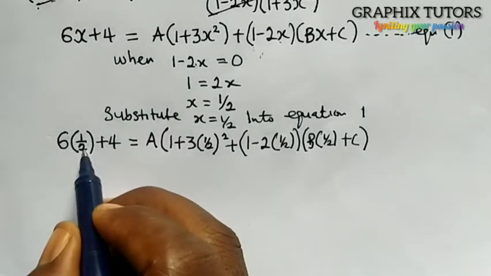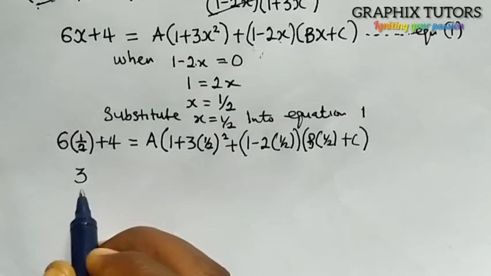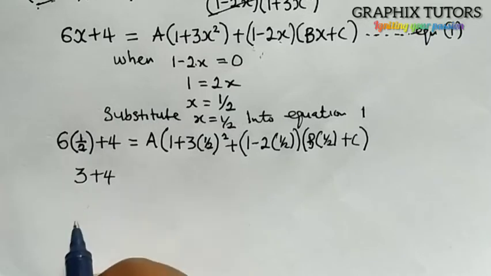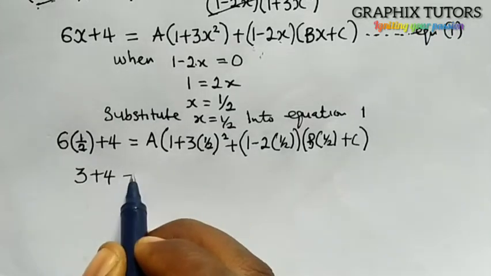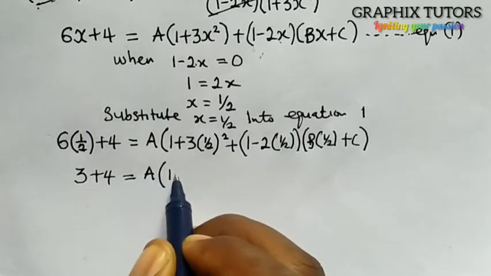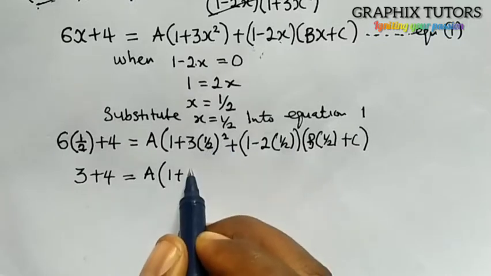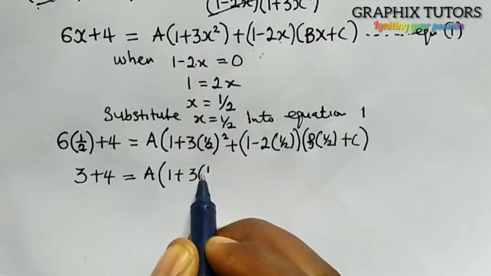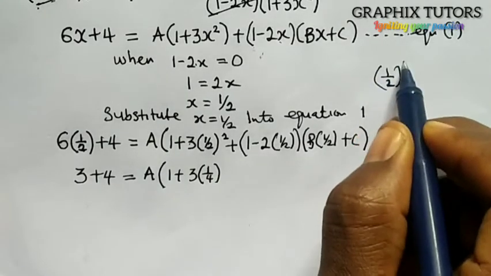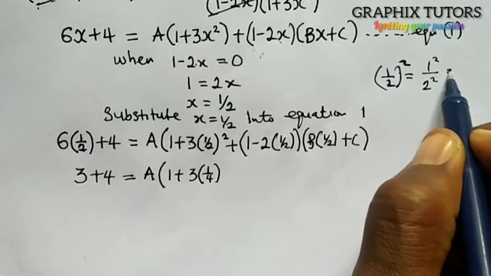Now 2 in 6 goes 3 times, and 3 times 1 will give me 3. So it means plus 4. The same thing here, equals a open bracket 1 plus 3 times 1 over 2 squared. So we're having 3 into bracket 1 over 4, because 1 over 2 squared is equal to 1 squared over 2 squared, and that'll give me 1 over 4.